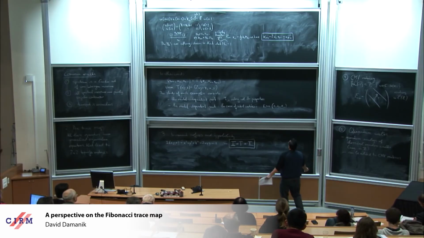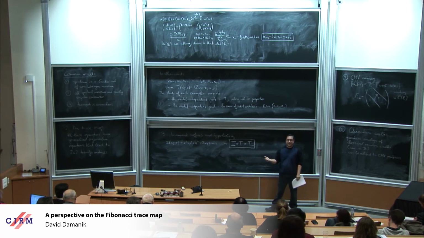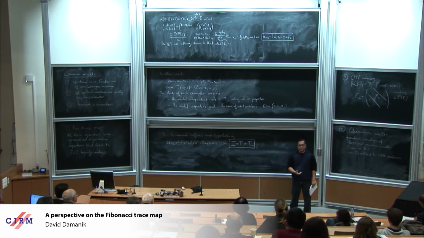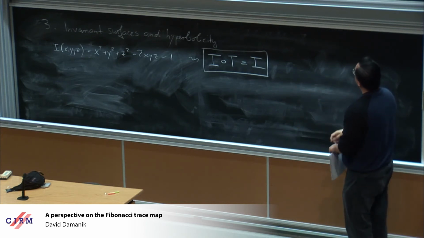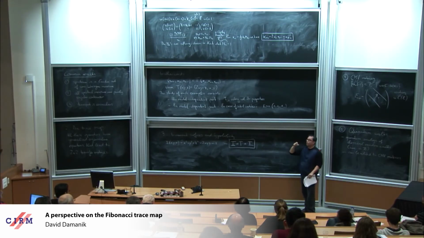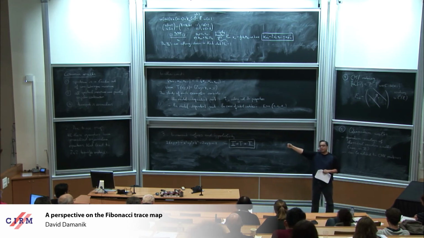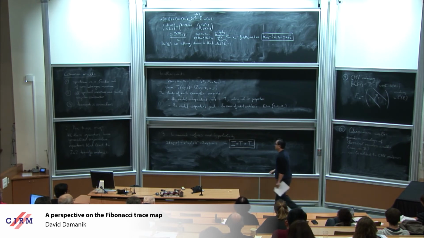What this also means is that the level surfaces of I are invariant surfaces for T, and so for this sequence of xk's, or rather 3 vectors depending on E, the invariant of the sequence of 3 vectors stays the same by this property.